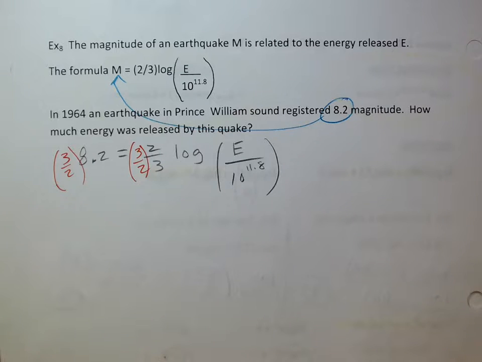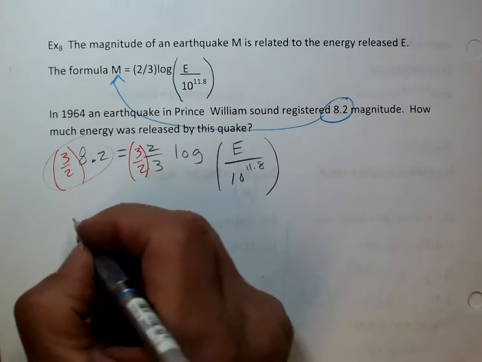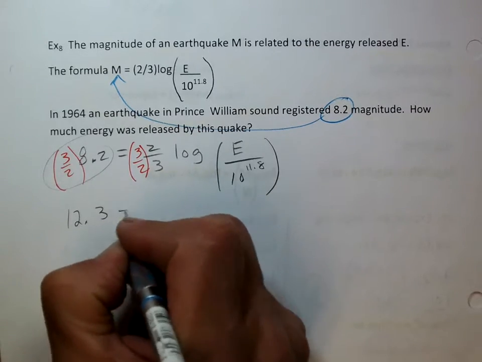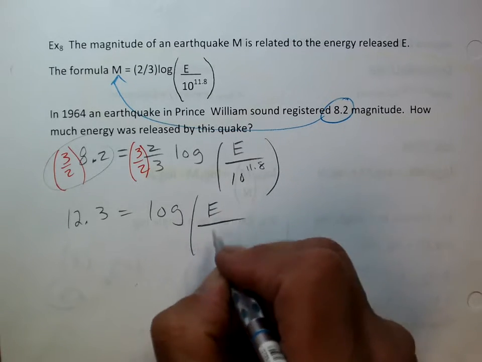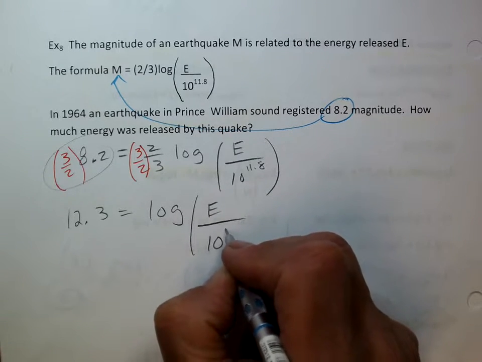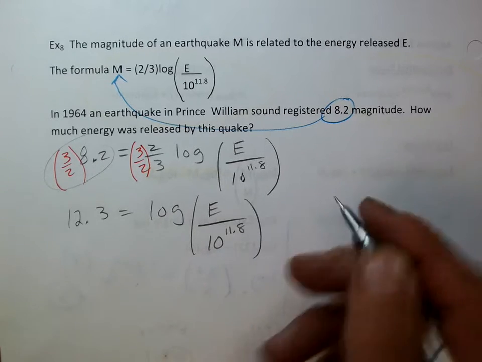Okay, so I'm going to take my 8.2 times 3/2. I get about 12.3. So this becomes 12.3 equals log of E over 10 to the 11.8, okay?